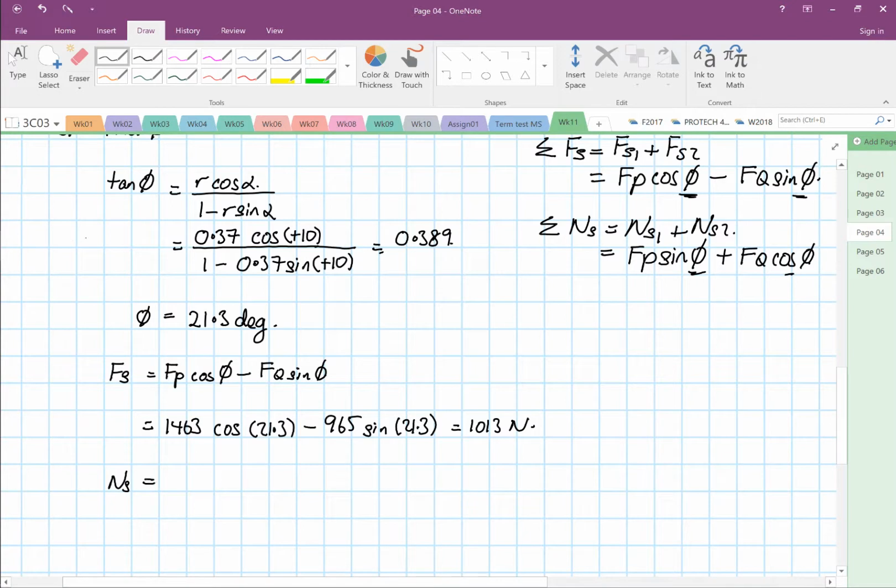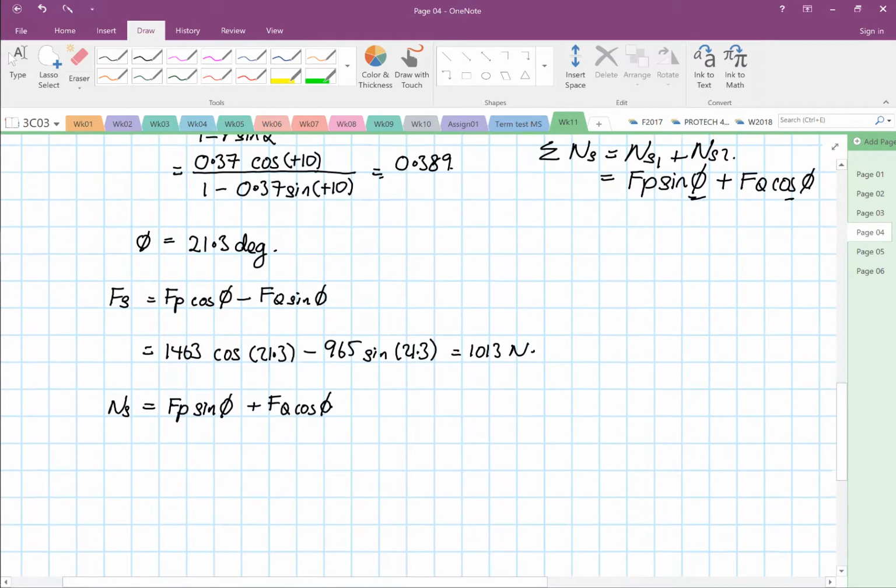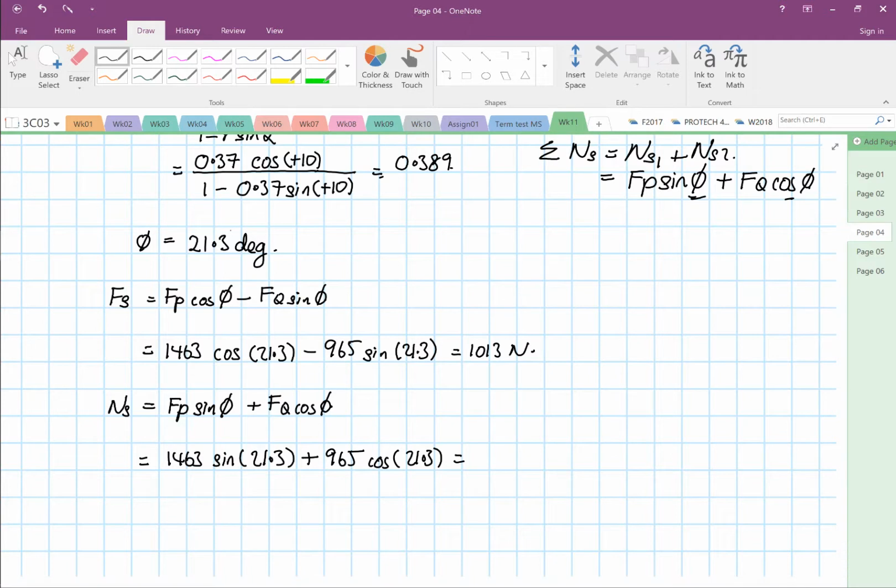So Ns is Fp sine phi plus Fq cos phi. So this will be equal to 1463 sine 21.3 plus 965 cos 21.3, so it's equal to 1431 Newton.